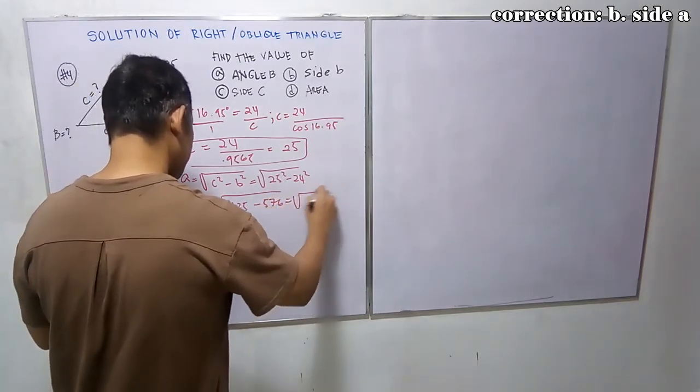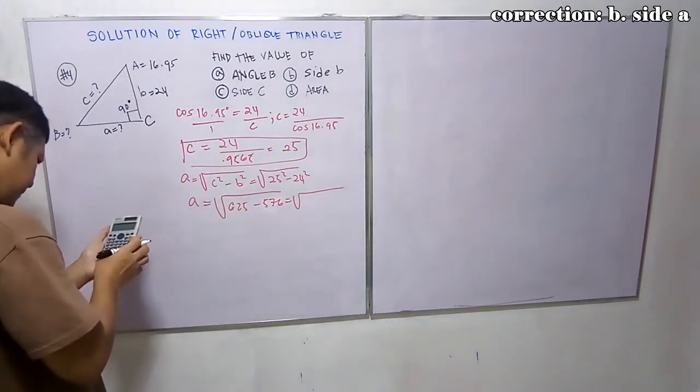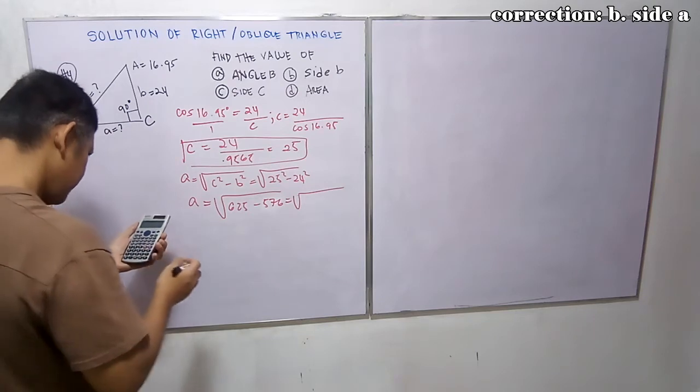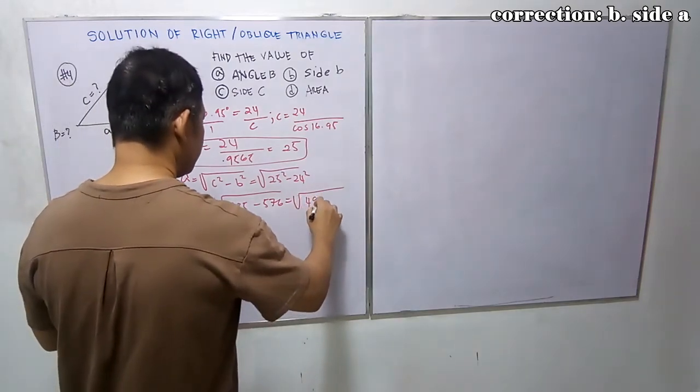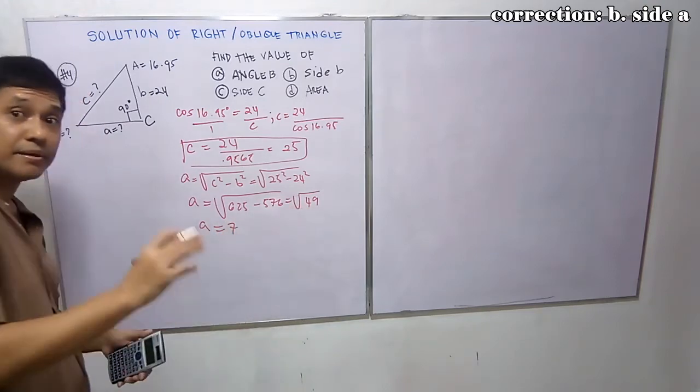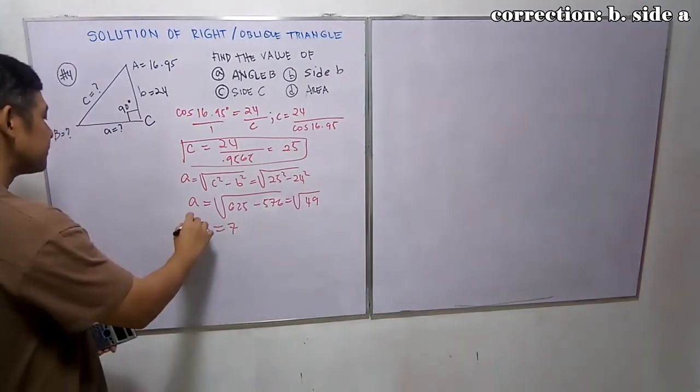Ang kakalabasan ay 49. Therefore, yung value ng A is equals to 7, kasi perfect square din yung 49.